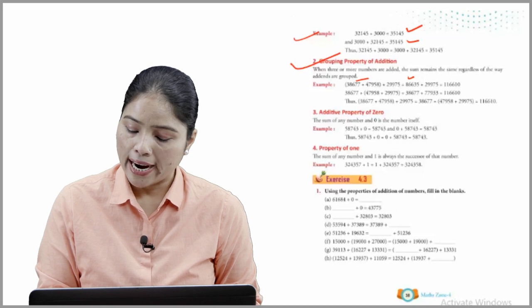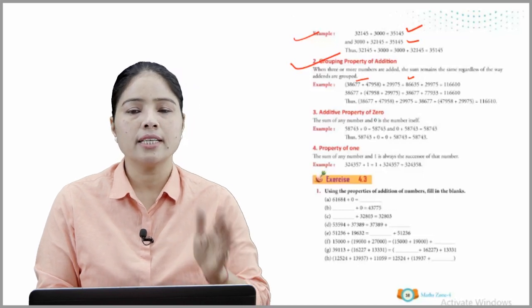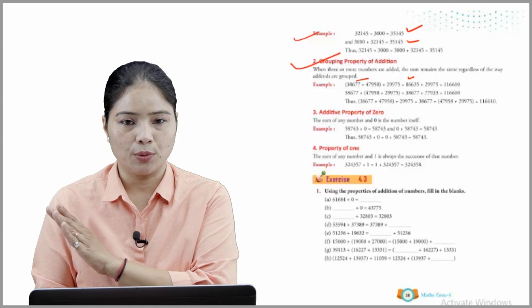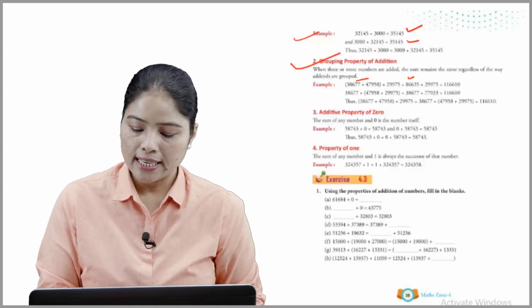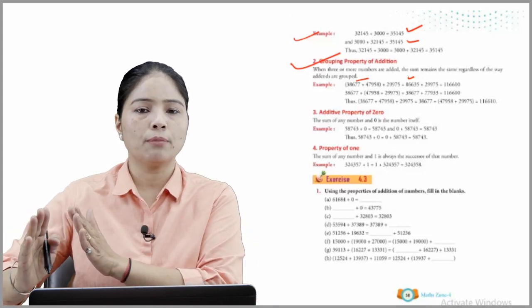So now you add two numbers, then your answer is 116610. Similarly इसी तरीके से अब इसमें आपने क्या करना है, लास्ट के दो नंबर को ऐड कर देना है.